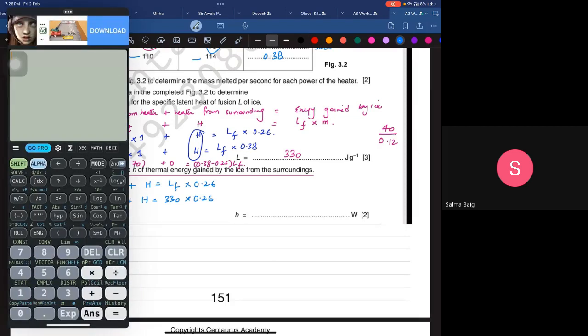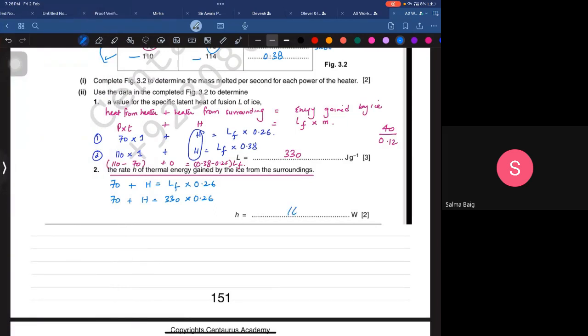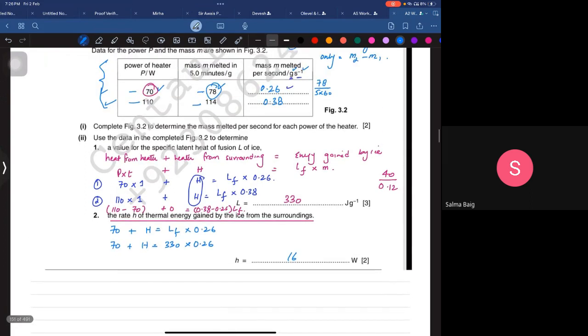So 330 times 0.26 minus 70 gives us 15.8, which is 16 watts that was lost. You get it? Whenever you have two values, remember they're going to ask you about this. You have to include this. Any questions now?